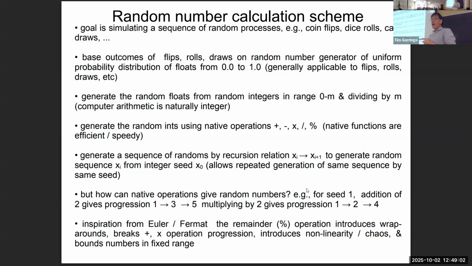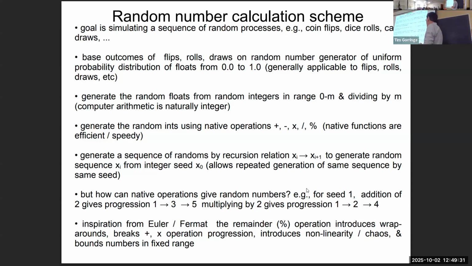When we want to generate the heads and tails in a sequence, the dice rolls in a sequence, or the cards we draw from a deck, what we're actually going to generate are pseudo-random floating point numbers from 0 to 1. That'll be the heart of whether it's coin tosses, dice rolls or card draws.